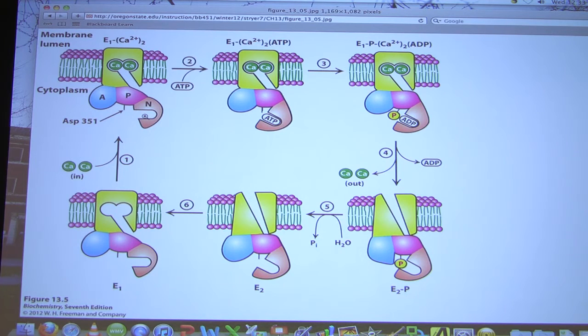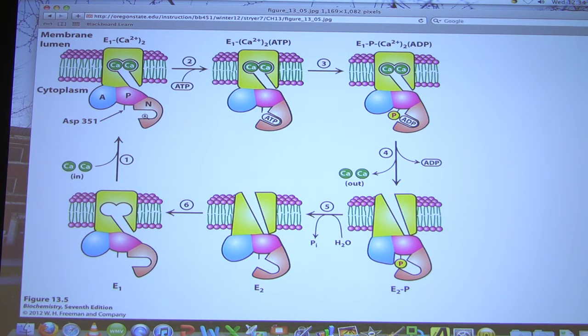This could be outside the cell to inside the cell, or even within an organelle within the cell. For our purposes, it doesn't matter at this point. Here's the membrane, whether it's the organelle membrane or the cell membrane. And what this is trying to do is move calcium from the lower place down here to outside the membrane here. All right? So what's happening?